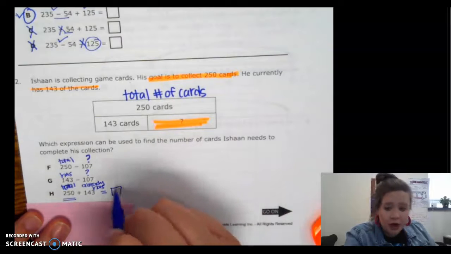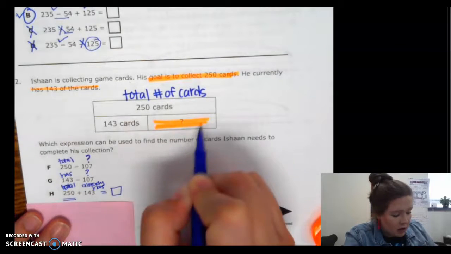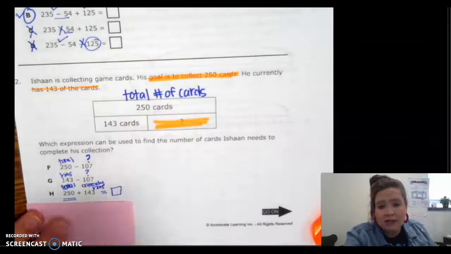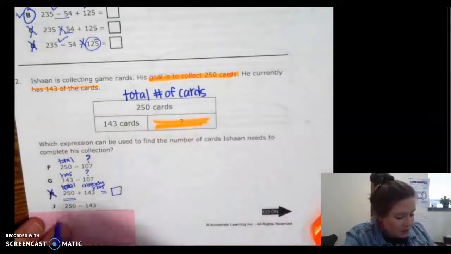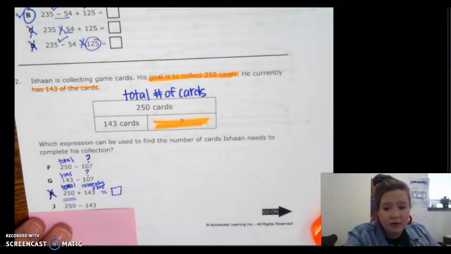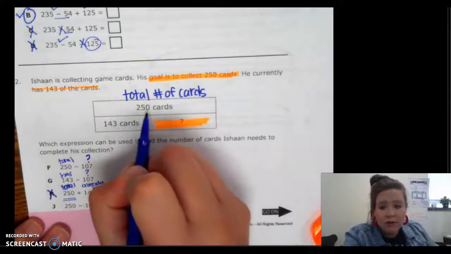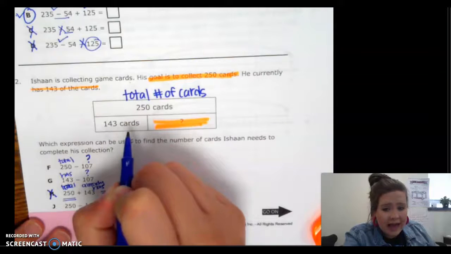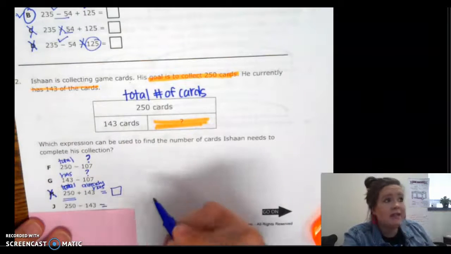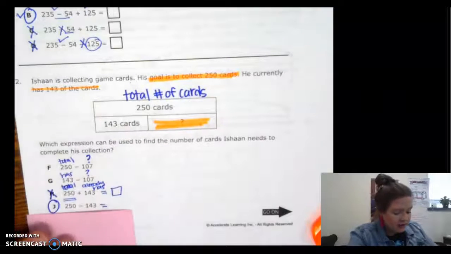Can this number right here be more than the total number of cards that he wants to collect? No, it cannot. 250 minus 143. Yes, I would take the total number of cards that I have, and I'm going to subtract the amount of cards that I know I already have to figure out how many cards I need left. The correct answer is letter J.